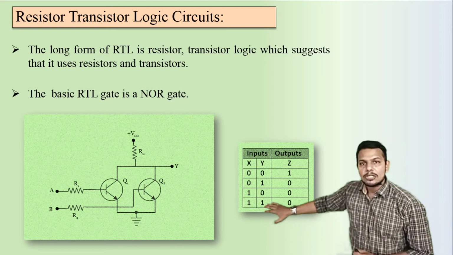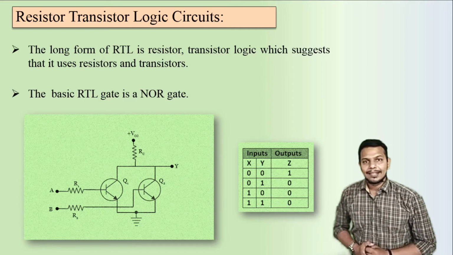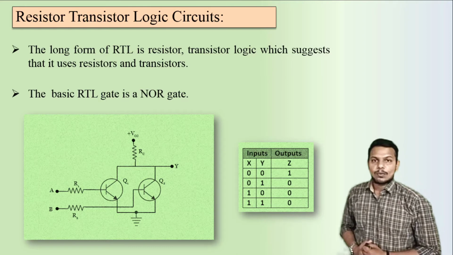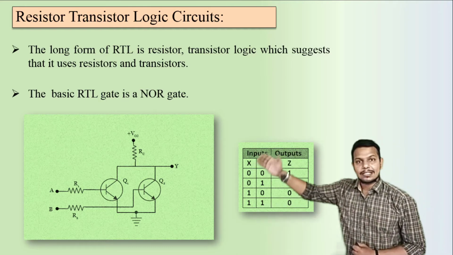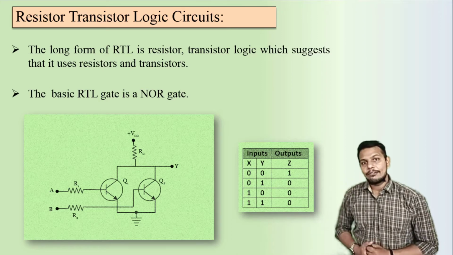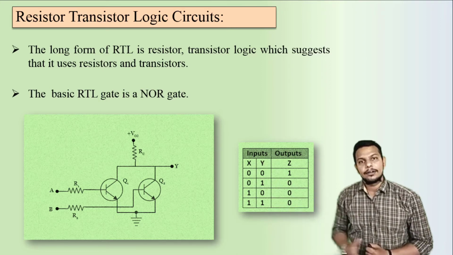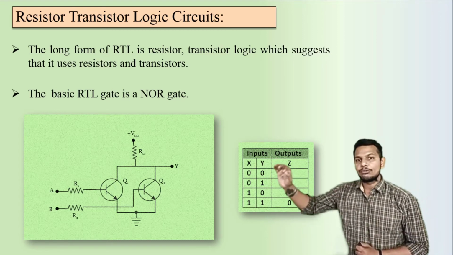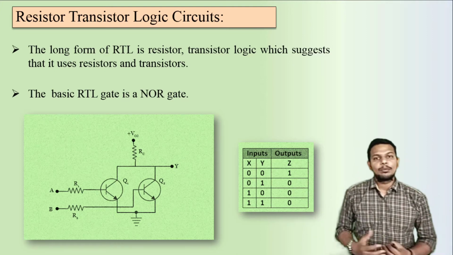Now the last possibility, if A equals 1 and B equals 1, both your transistors will be on. So your collector current also flows across this RC, and the voltage drop across this RC becomes higher. So it will not be equal to VCC at Y, and your output will be 0.